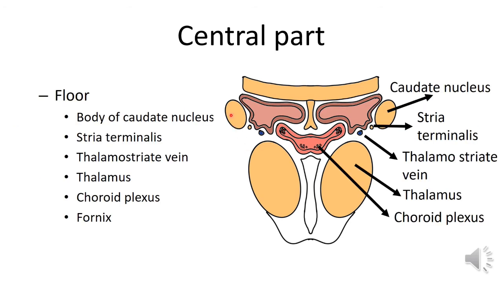The floor of the central part is formed by the body of the caudate nucleus, stria terminalis, thalamostriate vein, the thalamus, the choroid plexus, and of course the fornix.